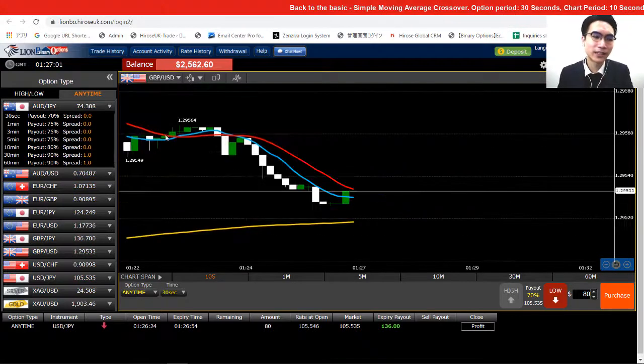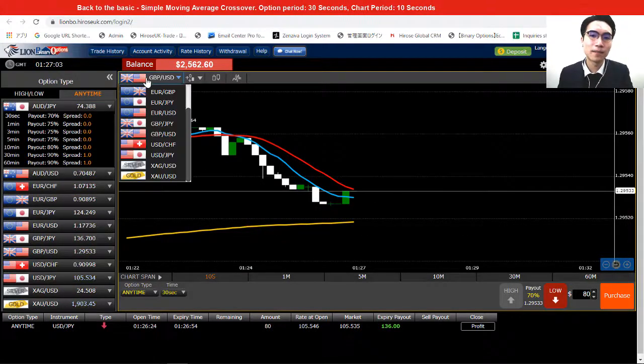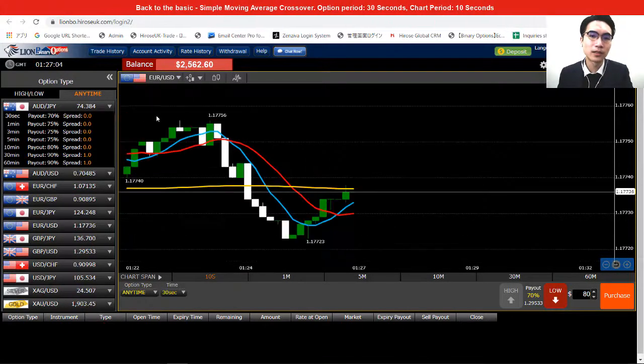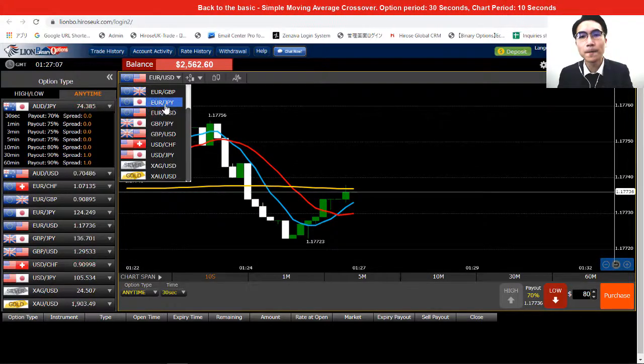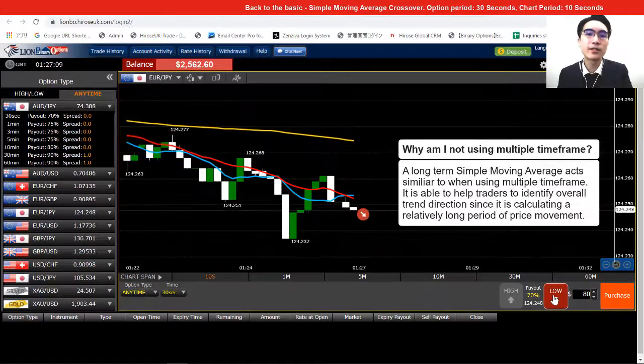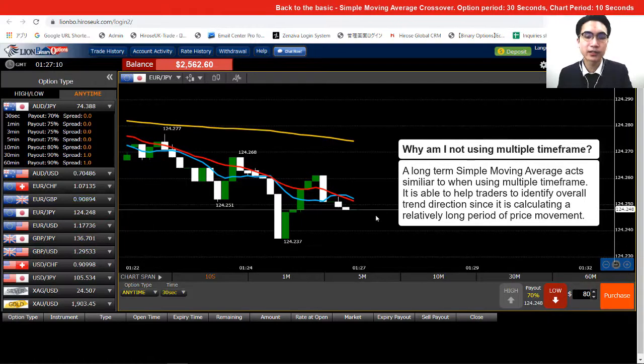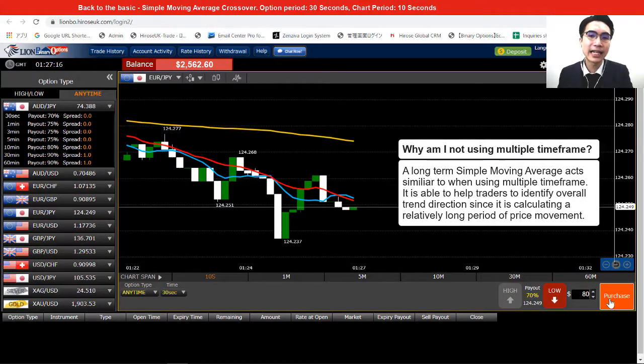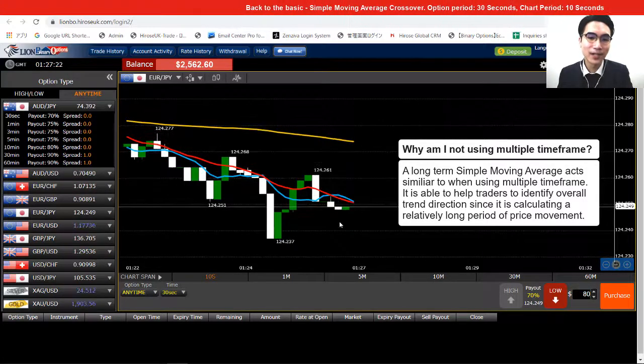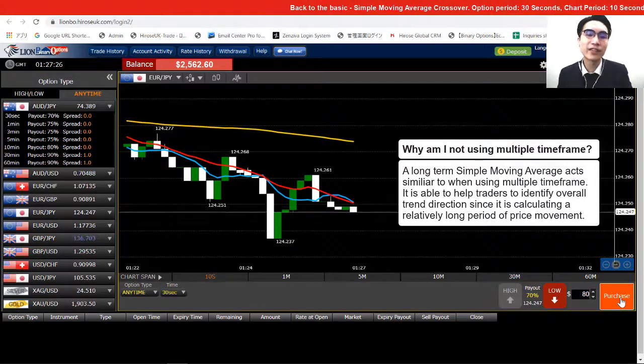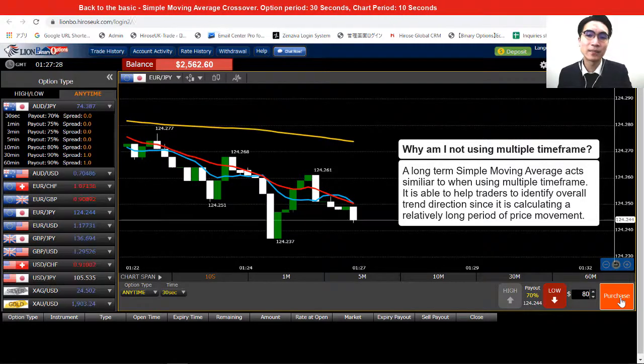A lot of people ask me why I don't use multiple time frames to trade. Here I'm using a long-term 200 period simple moving average. The 200 period in this 10 seconds chart means it's calculating 200 candlesticks, which is roughly 16 minutes in a 1 minute chart.